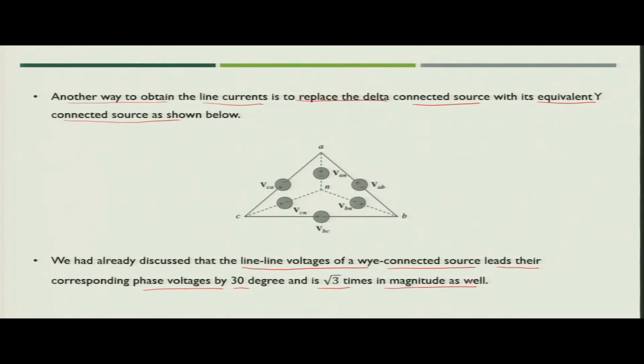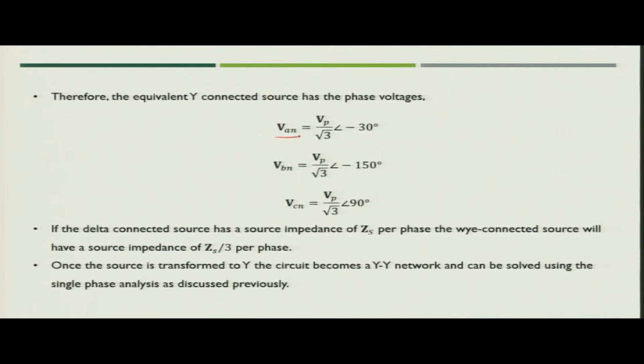So, VAN is VP by root 3 angle minus 30 degree, because we have now converted into an equivalent star connected source. Similarly, VBN is VP by root 3 angle minus 150 and VCN is VP by root 3 angle 90 degree.